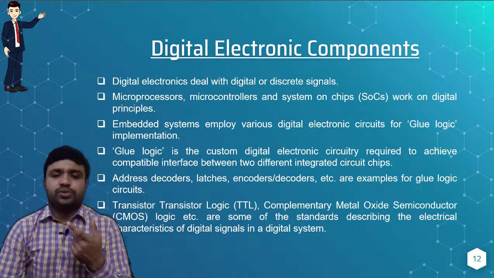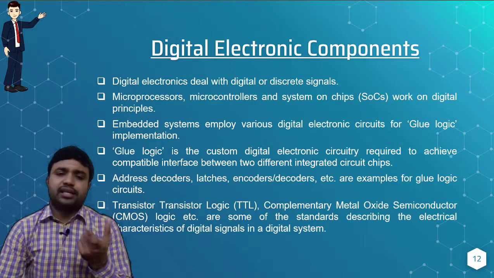In order to analyze the electrical characteristics, that means how the circuit responds, we need to make use of the TTL logic or CMOS logic based implementation to realize the conditional functionalities.